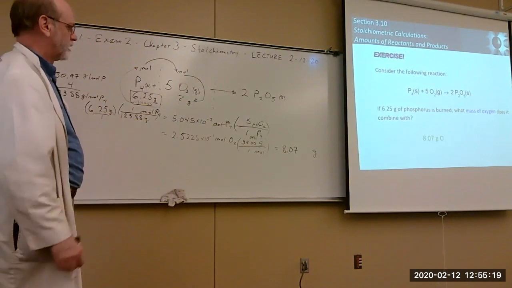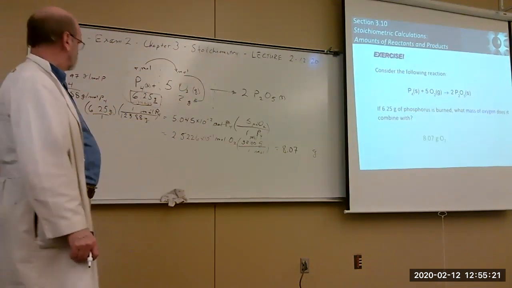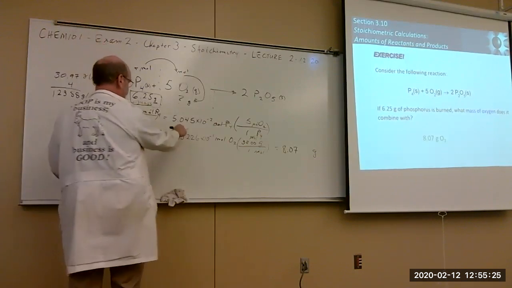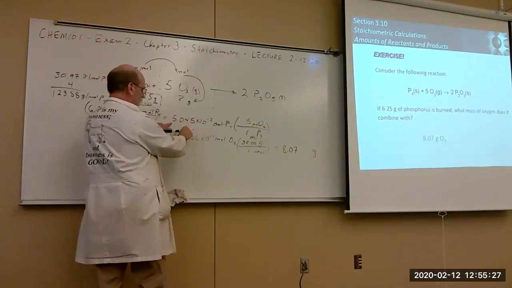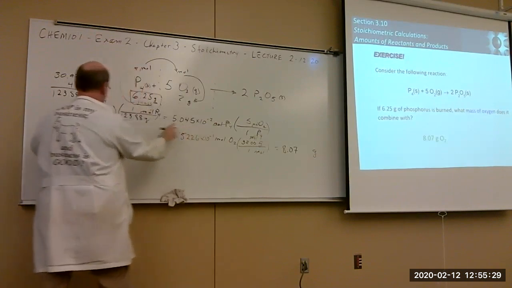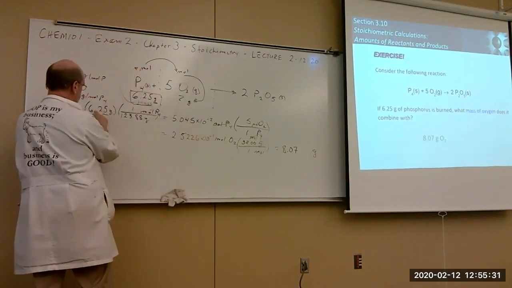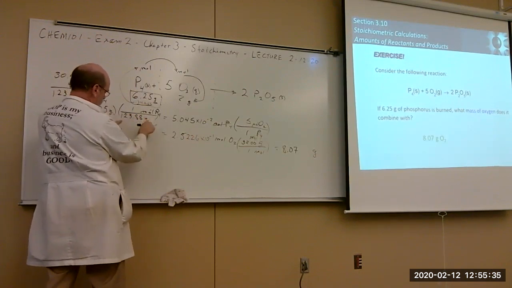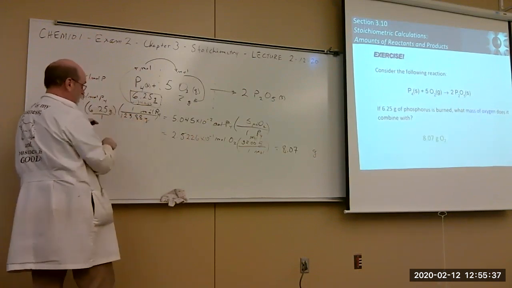One more question. Sure. How did you get the 5.045? What was your math? 6.25 divided by, right, because this is on the bottom and this is on the top.